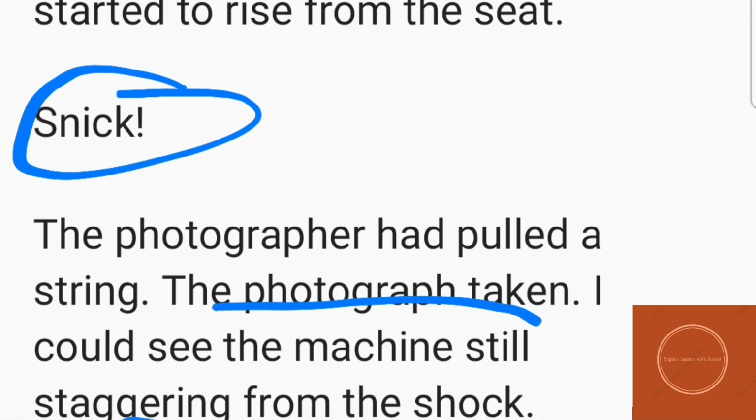Staggering means shaking. As I told you, with the old machines, the photograph was taken when a string was pulled, and after it was done, the machine used to shake a bit because of the shock, after which the photograph was taken.